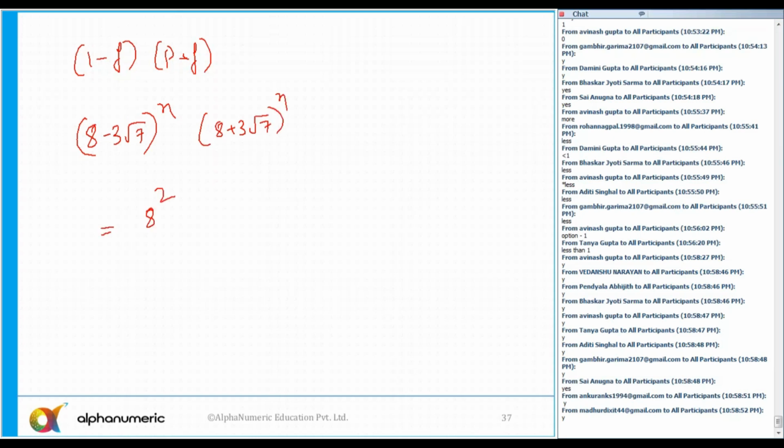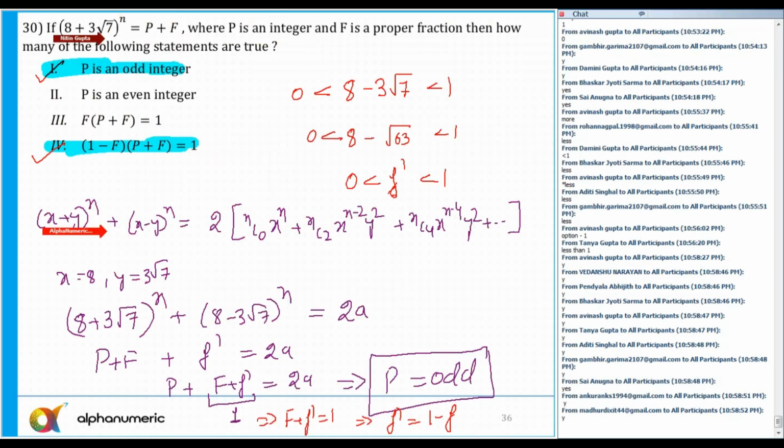So that is 8 square minus 3 root 7 whole square raised to power n, which is equal to 1 raised to power n, which is equal to 1. So that's the reason this last one is also true.